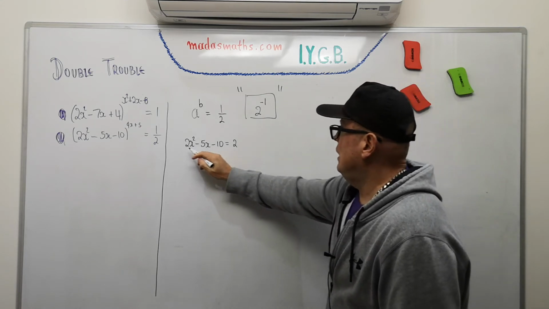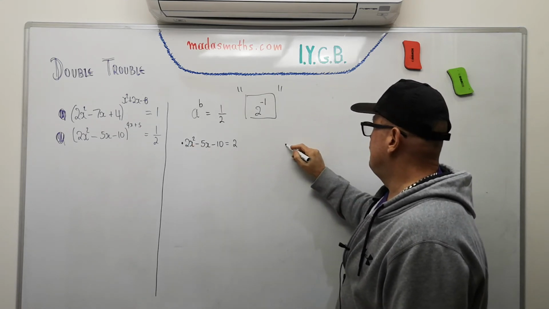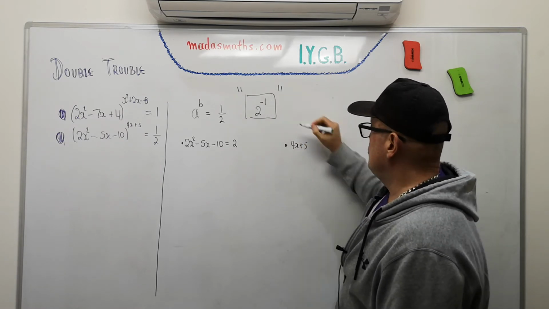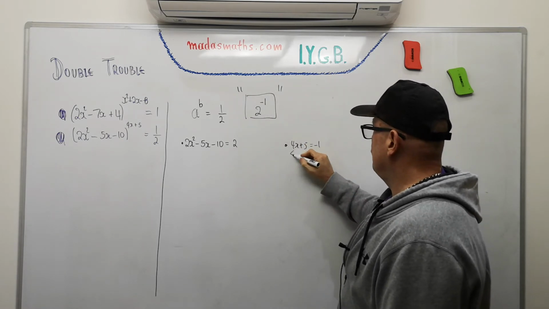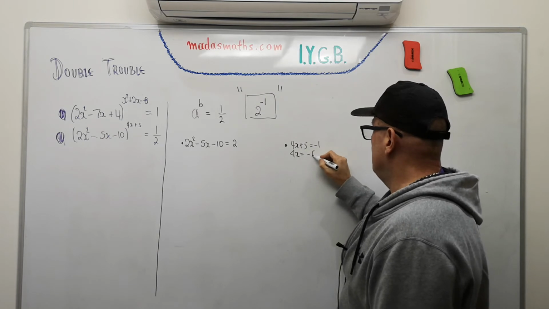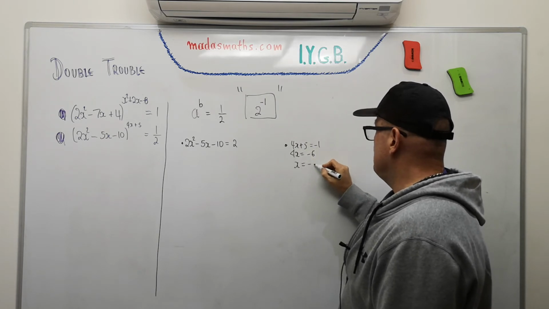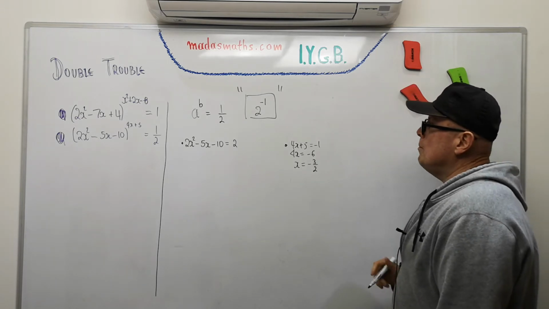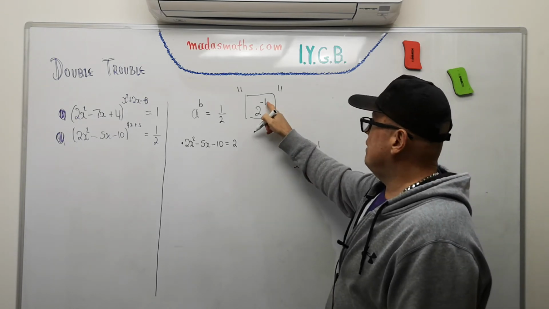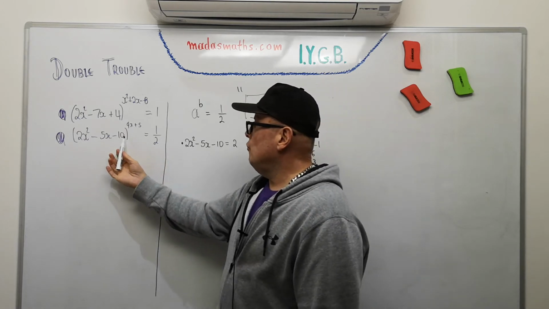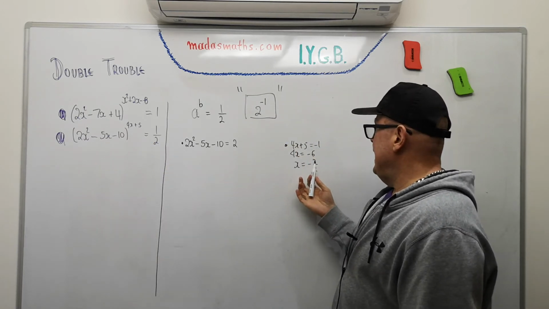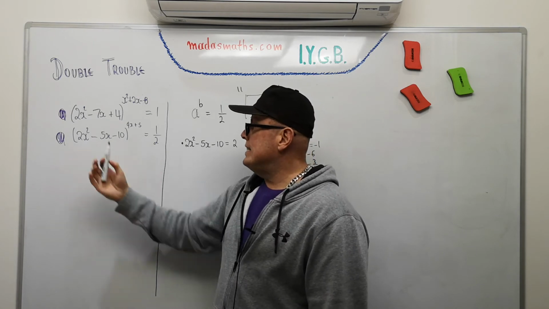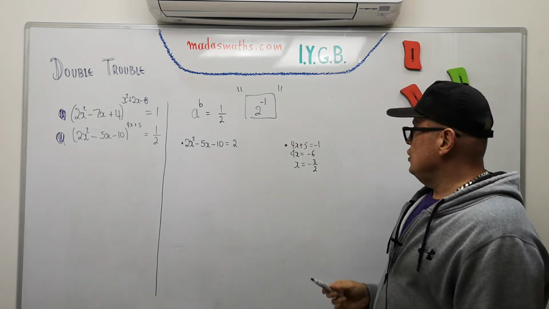So let's look at the top, the 4x plus 5, we want it to be equal to minus 1. So 4x is equal to minus 6. So x is minus 3 over 2. Now, we have to be careful because this will definitely make this minus 1. And of course, it will only be working if this x, when it goes in there, makes this equal to positive 2.